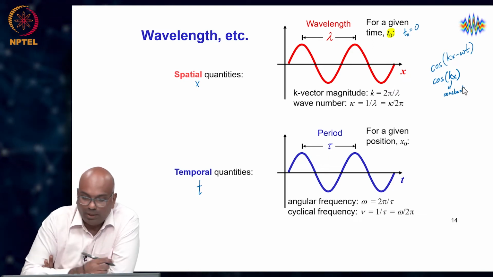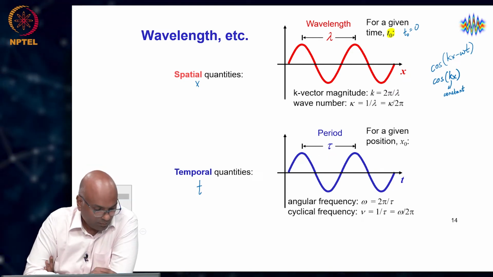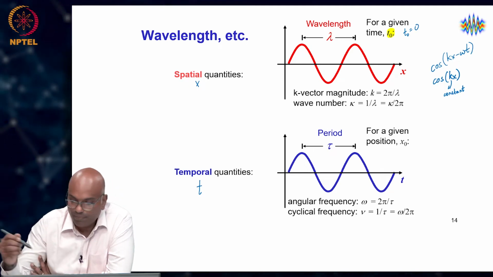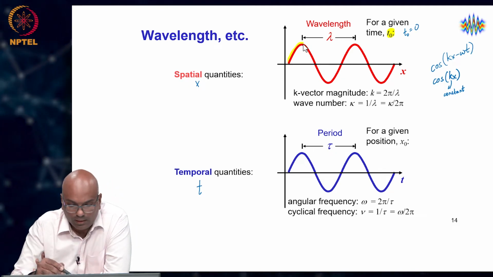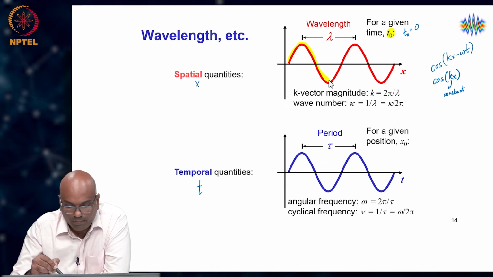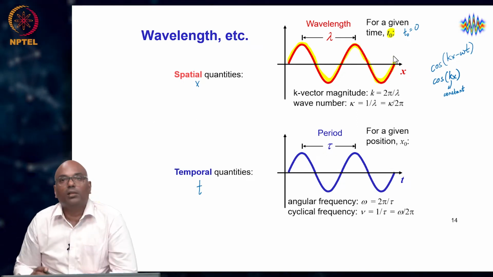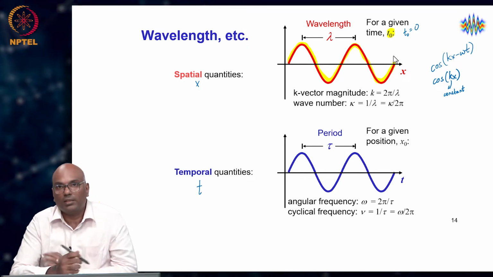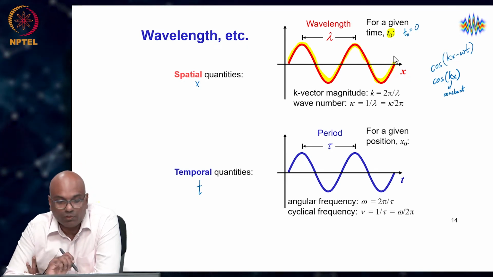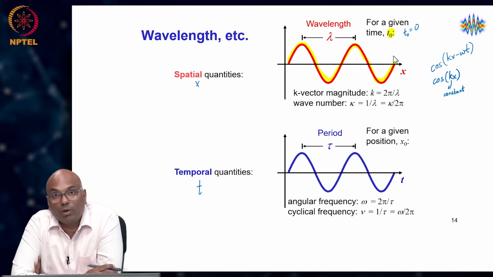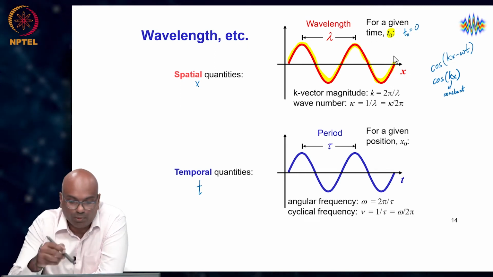Therefore, now if I simply make a plot of the cosine of kx, which is this red curve, t is fixed, this simply oscillates as we go away from x is equal to 0 to increasing values of x. This is a periodic function with a periodicity of 2 pi.